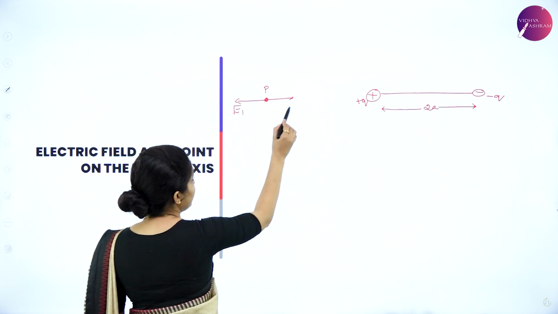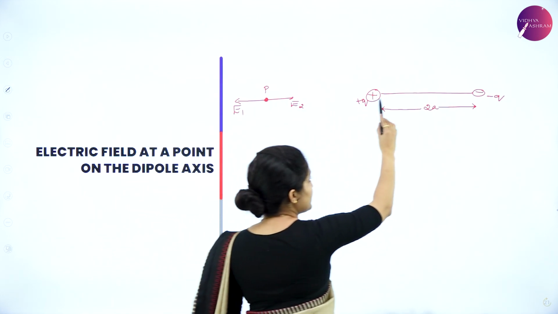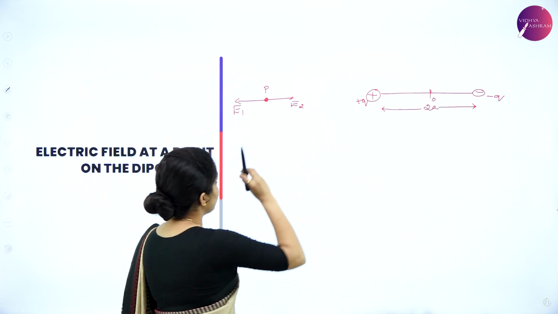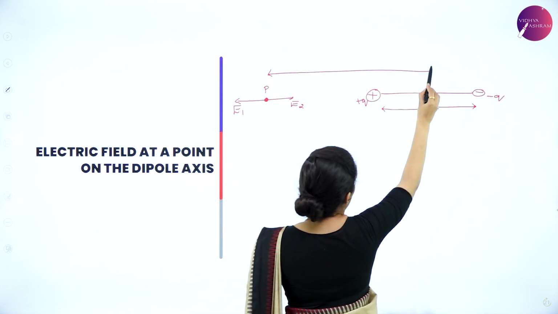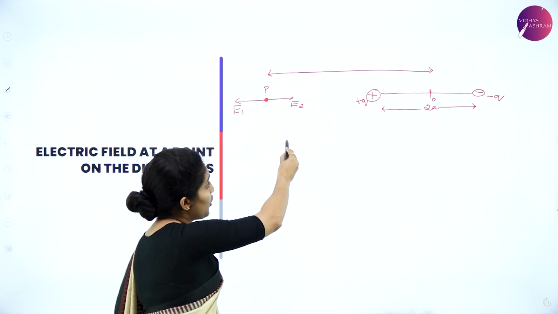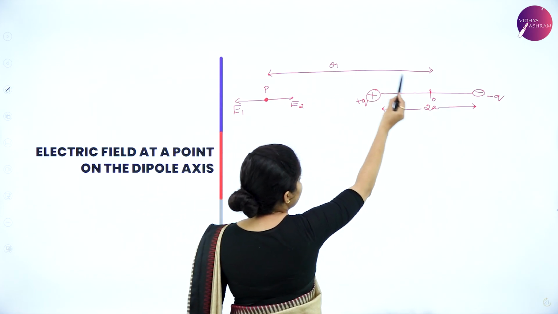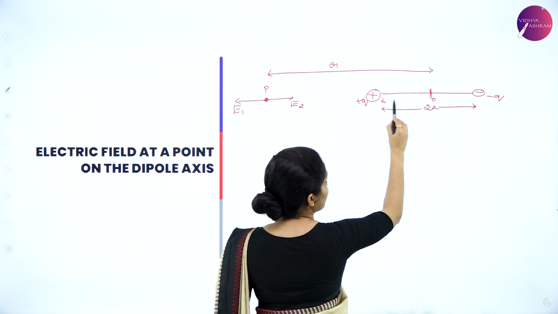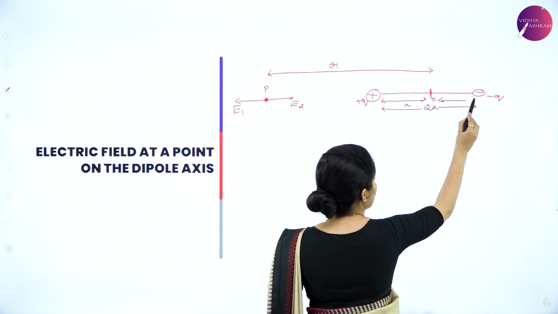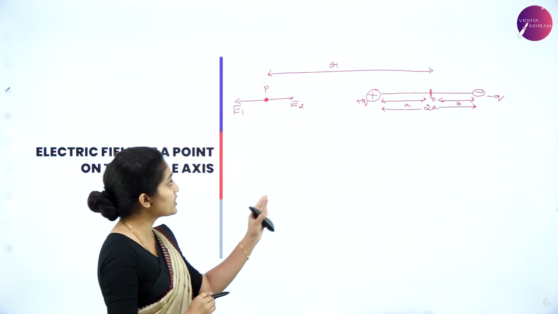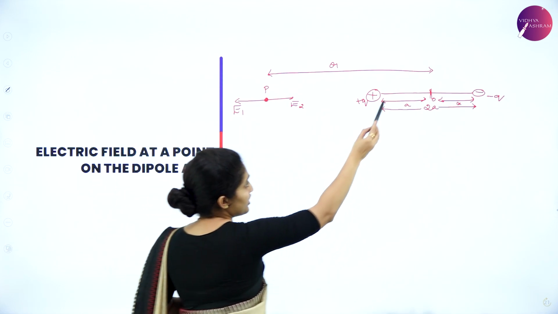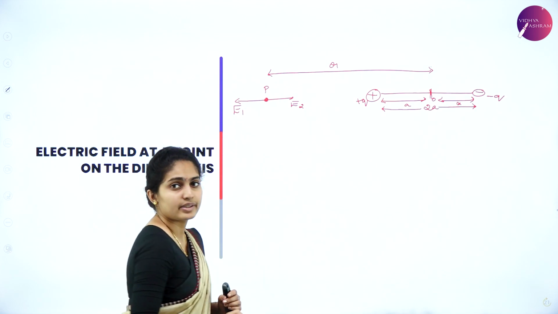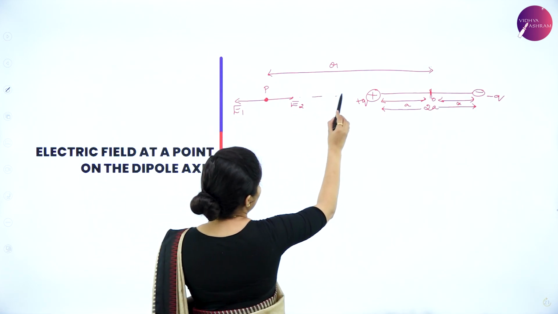Let us divide this dipole into half and call the midpoint O. Let P be a point at a distance r from this midpoint O. We have this as a and this as a, because together it makes 2a, and r is the distance from O to P.